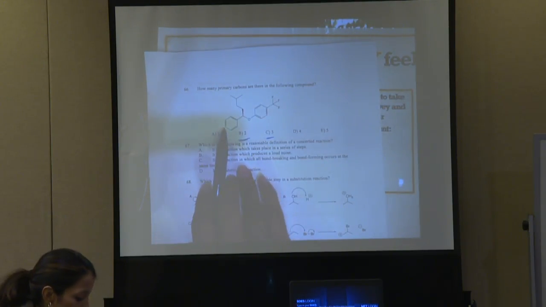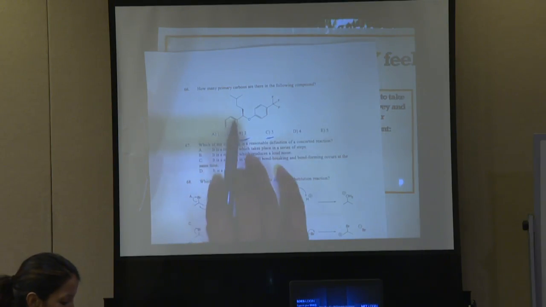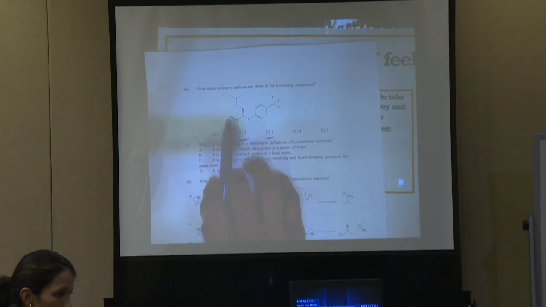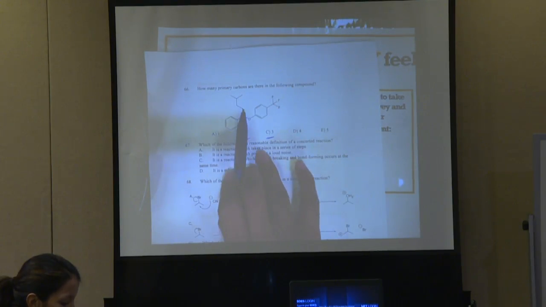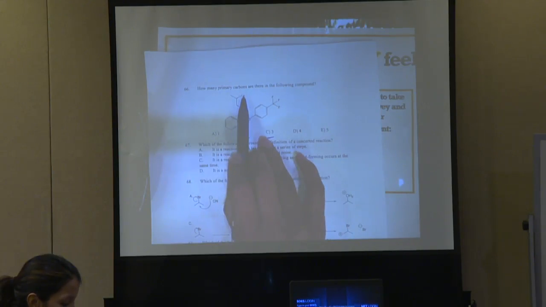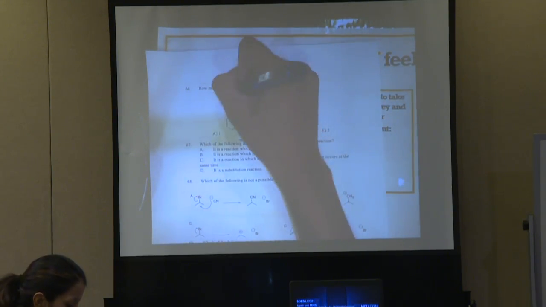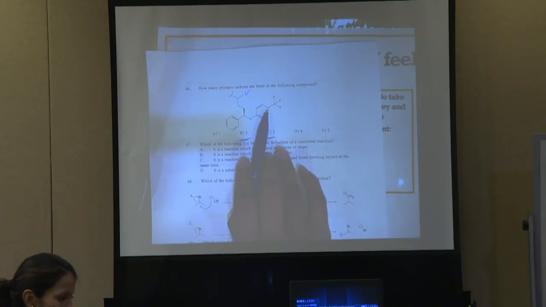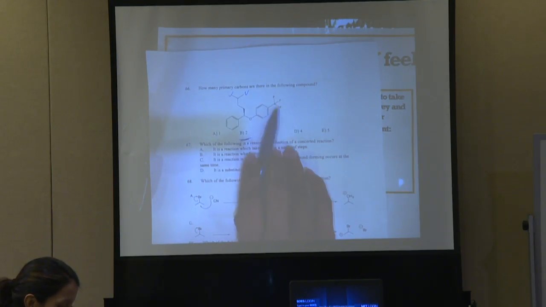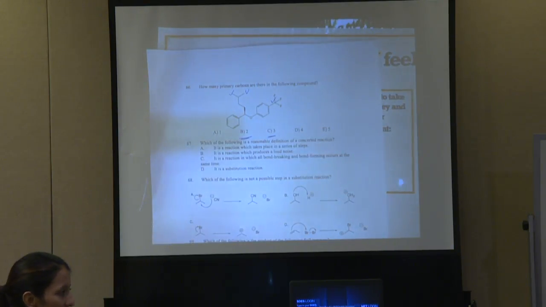So is this a primary carbon? Are any of these in the benzene ring a primary carbon? Is this a primary? This one? This one? Okay, so that's 2. This one? This one? Yeah? Okay. So what is it, guys?